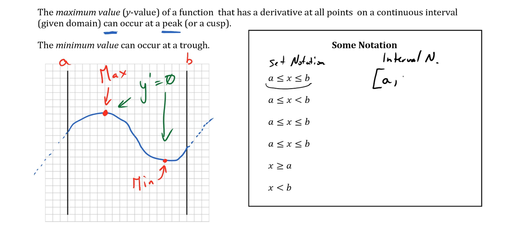Square bracket, minimum value, comma, maximum value, square bracket, because it includes both. Always minimum first, maximum second. Minimum value of the interval, not minimum value of the function. That's kind of unclear, so don't get confused about that.